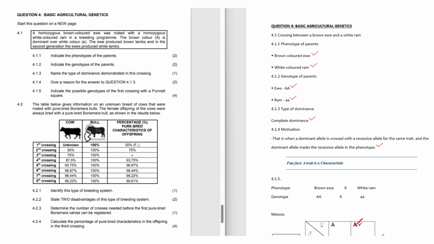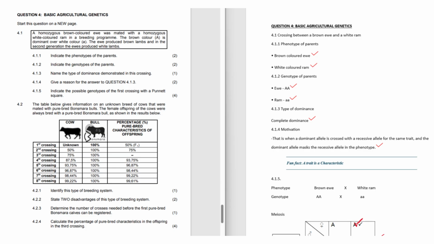That's what we can see with our naked eye. The physical appearance, right? And with a homozygous white colored ram. Okay, so brown colored ewe and white colored ram.